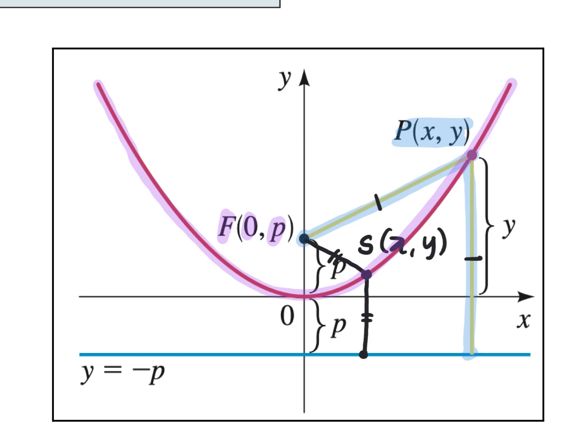Another thing to remember is that the distance from the focus to the vertex is the same as the distance from the vertex to your directrix. This is going to be discussed further.